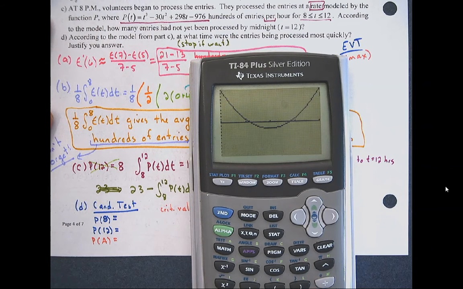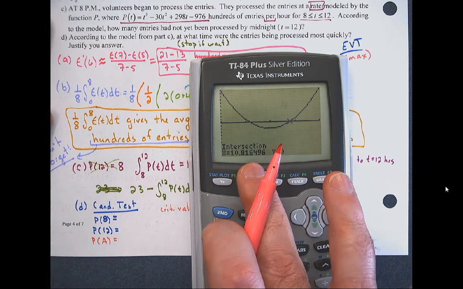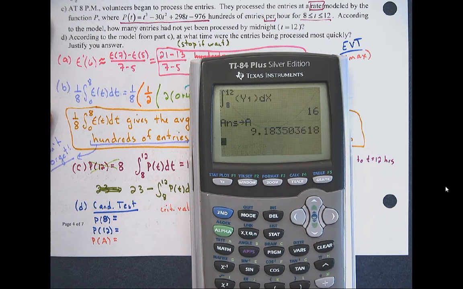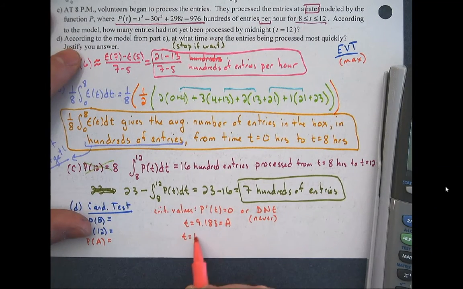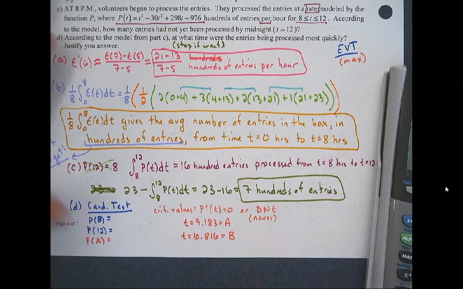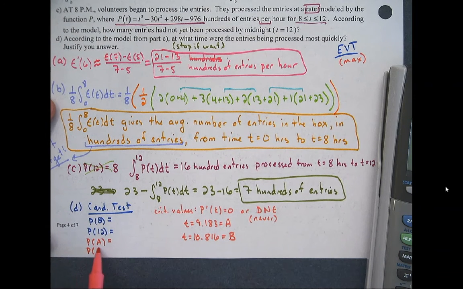Boom, boom, boom, and it finds our other one for us. This is another thing that I want to store. So I'm going to quit out of here. That last output becomes my new input, and I'm going to store that as alpha B. Now I still have to identify that 10.816 is what I'm calling B. But when I compute it over here, I can now use B because I've said what B stands for.